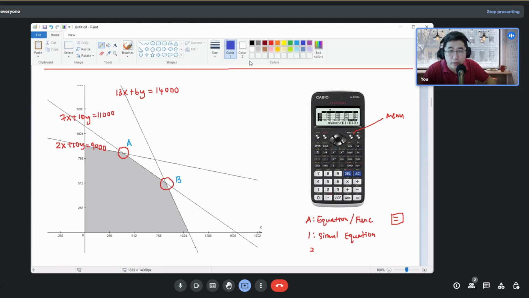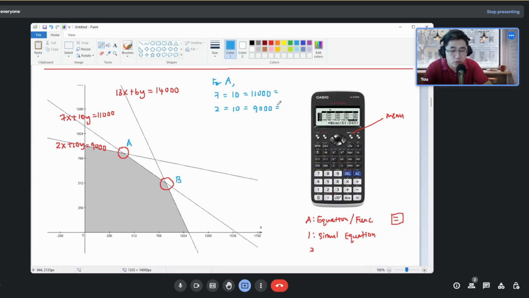So for A, we're going to key in like this. A is the intersection of 7x plus 10y equals 11,000 and 2x plus 10y equals 9,000. So we press 7 equal 10 equal 11,000 equal, followed by 2 equal 10 equal 9,000 equal.